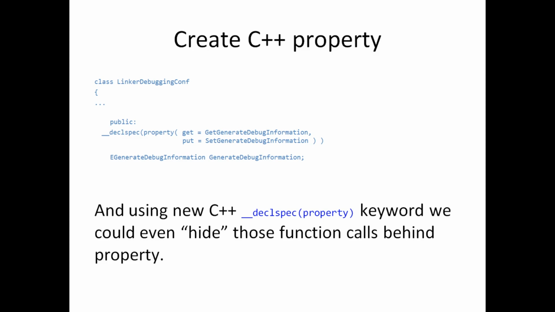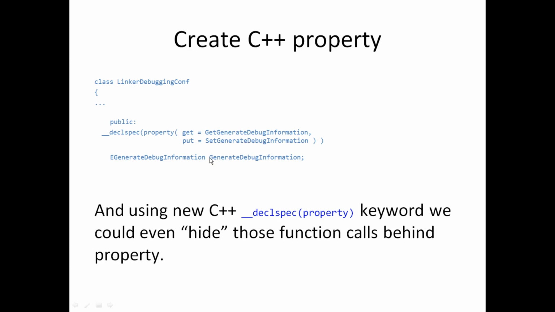One of the approaches we could use is this new C++ extension, declare specification property, and it can use get or put to call functions. So whenever we assign generate debug information, which is a C++ property, it will result in a function call to set generate debug information.